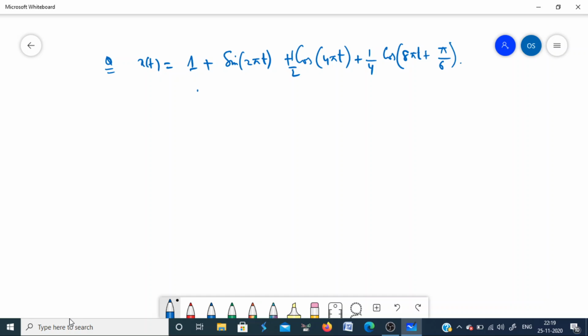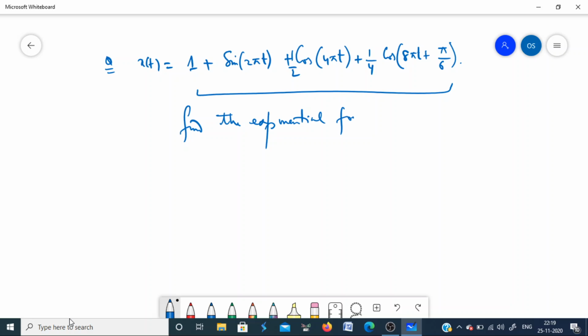Okay, this is the signal, and you have to find the exponential Fourier series for this.